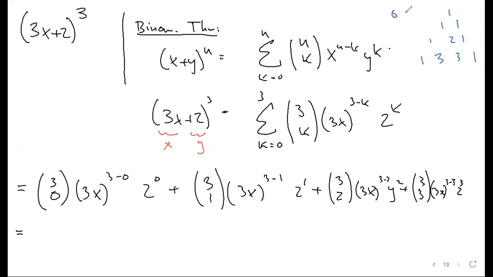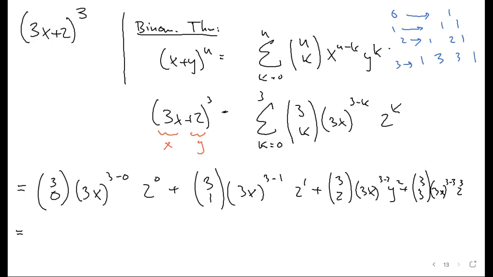And remember, I say this is the 0th row. This is the first row. This is the second row, and this is the third row. So I say this is row 0. This is row 1. This is row 2. This is row 3. So since you're doing something to the third power, you'll go up to row 3.